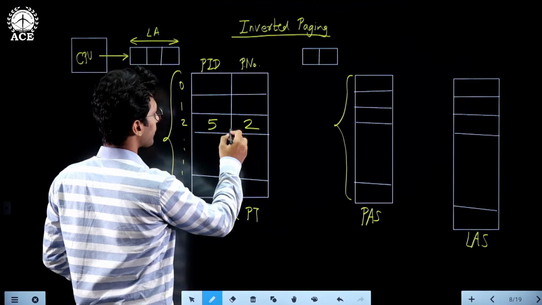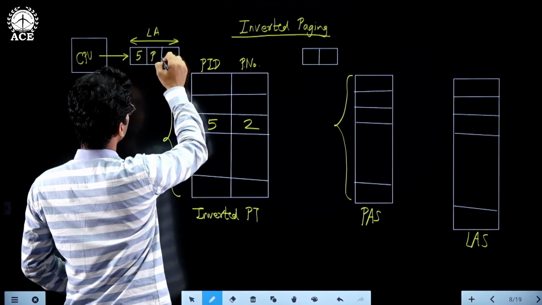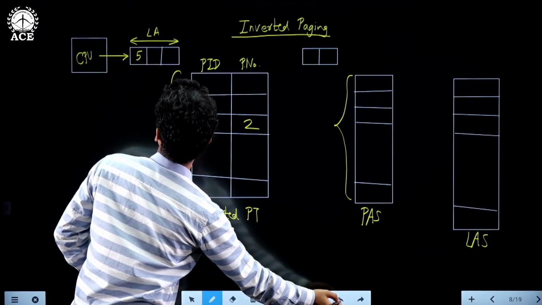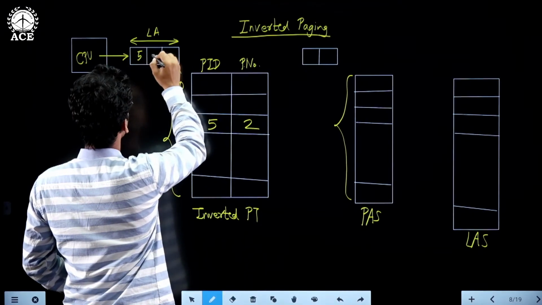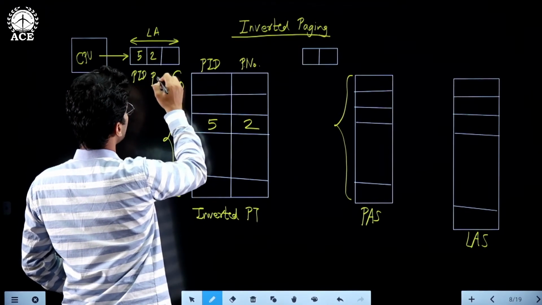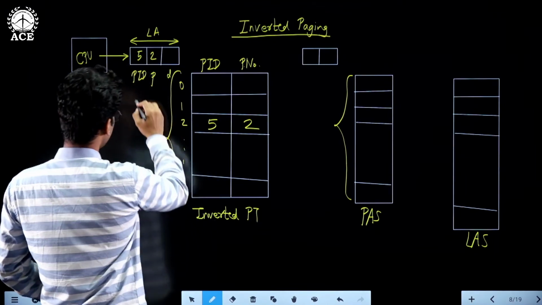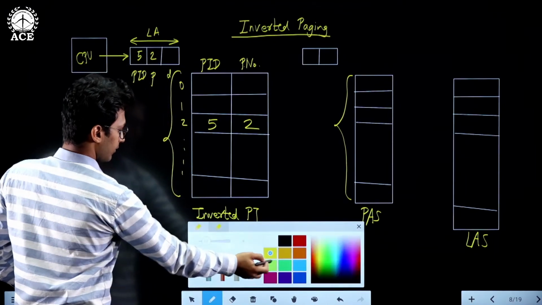What will happen? Okay, this is process 5 page number 2. This is the PID, process ID. This is the page number, this is the page offset. What is this one? Tell me fast.